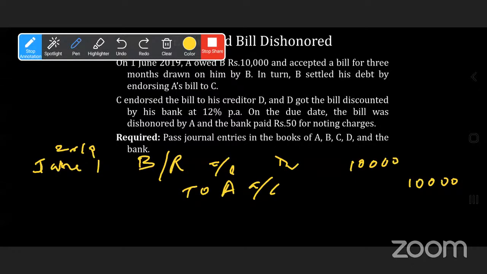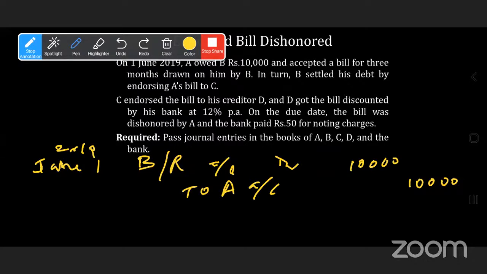Now see the other one. In turn, B settled his debt by endorsing A's bill to C. The date was not mentioned, so we have to assume that on the same day, B endorsed the bill to C. Sometimes dates will be mentioned, and you have to take those dates. When the date is not mentioned, you assume it is June 1st.